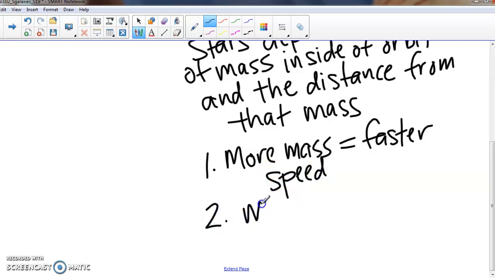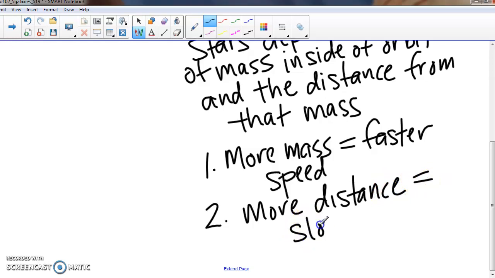But if you have more distance, you're farther away from that mass, maybe on the very edge of the galaxy, then you're going to go at a slower speed. Okay? So we'll break this down. You're going to get to do a lecture tutorial on this eventually, but let's just talk about it with some examples here.